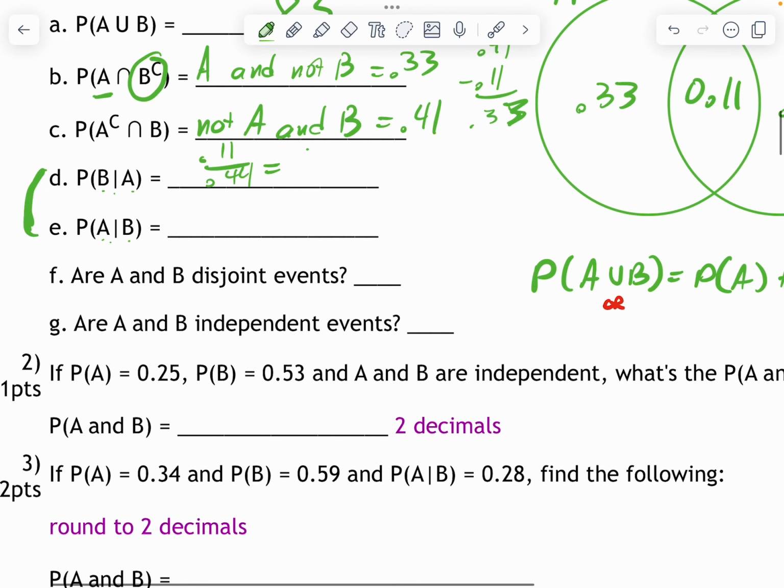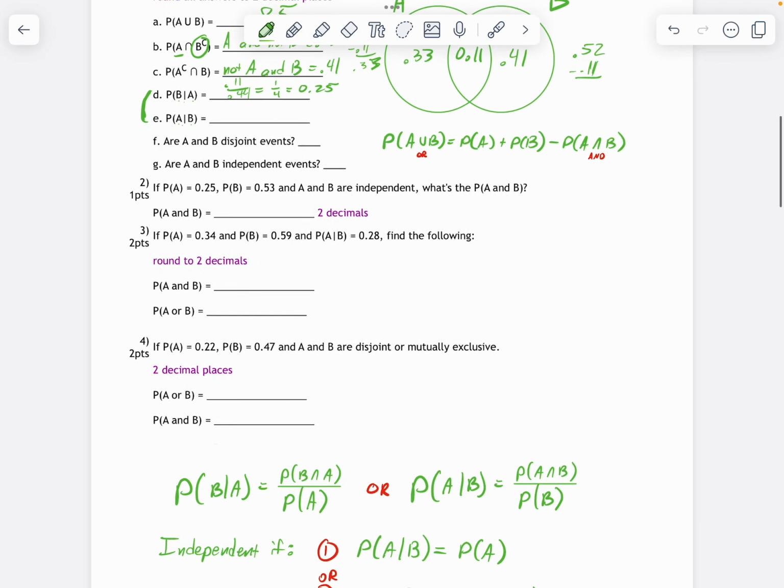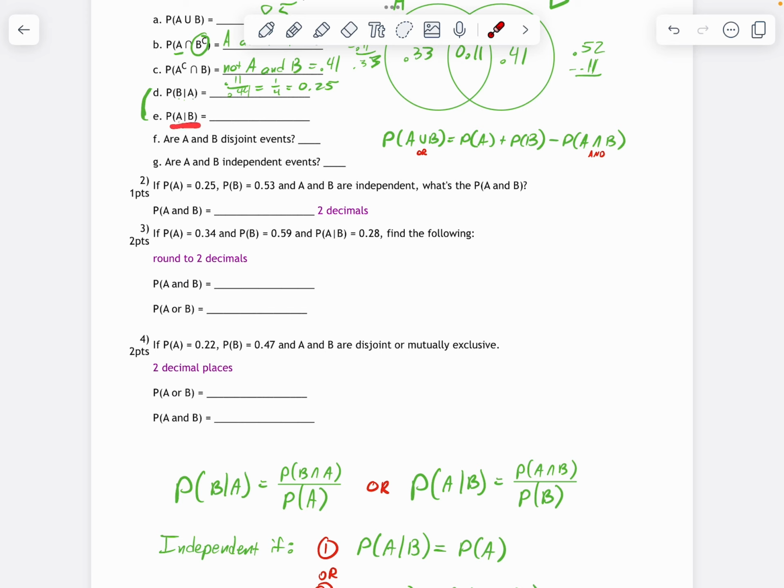My numbers work out nicely. That's 1/4, so I have just 25%. But you can divide that on your calculator. The next one is the reverse. A, given that B happened. So that's this one. I just reversed all the B's and A's in these formulas.